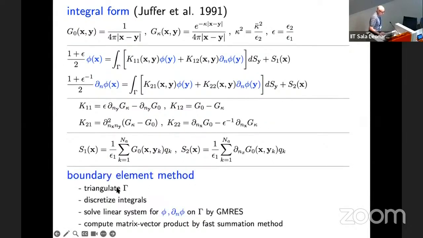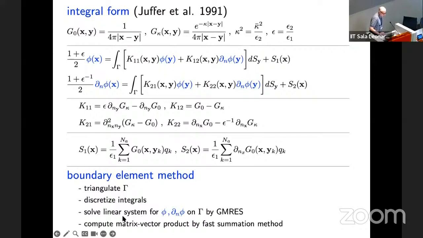So the approach is to use a boundary element method to solve these equations for phi and phi dn. We triangulate the interface. We take it to be the molecular surface, the Connolly surface. We discretize the integrals that you see here. That gives a linear system, now associated with the triangulation, solved by GMRES.